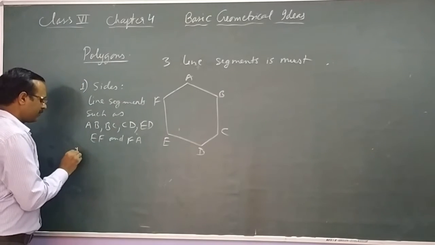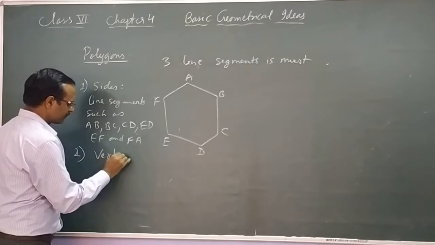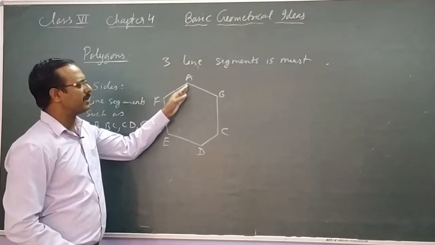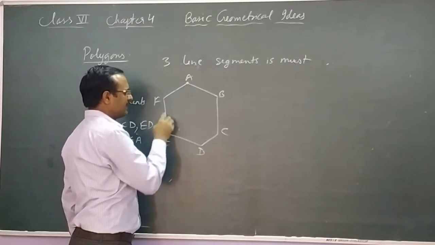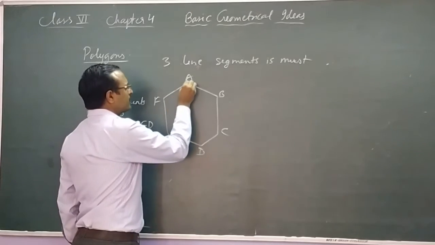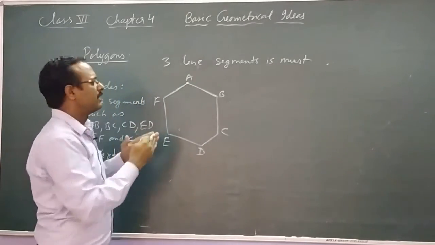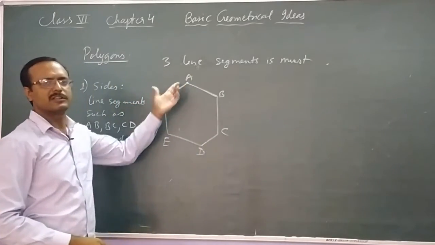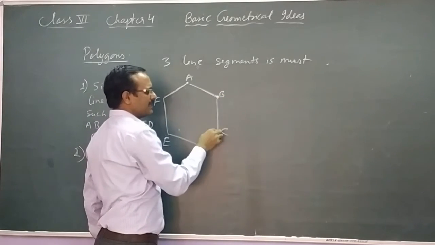Next important element is vertex. So what is a vertex? Vertex is a common point such as A, B, C, D, E, F. It is a common point of two sides from where they are connected. The two sides are connected at point A, and this point is called a vertex. Similarly, point B is connecting AB and BC.